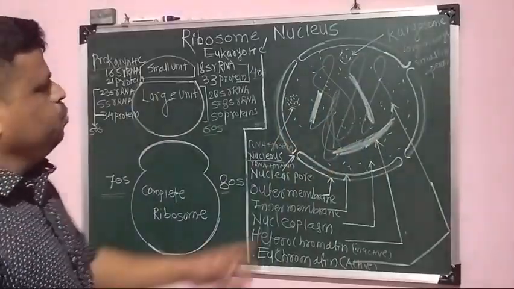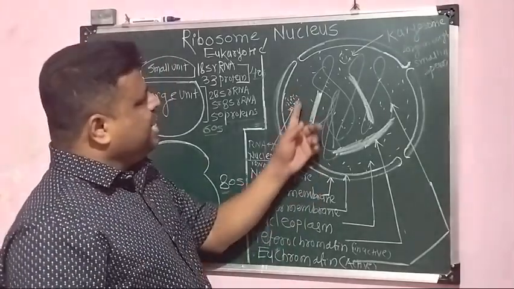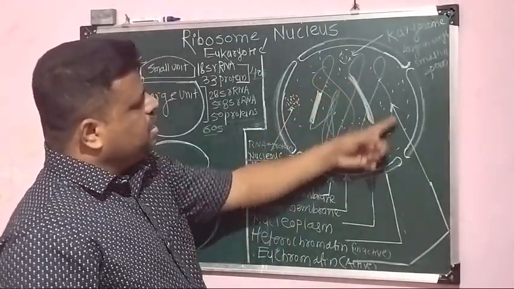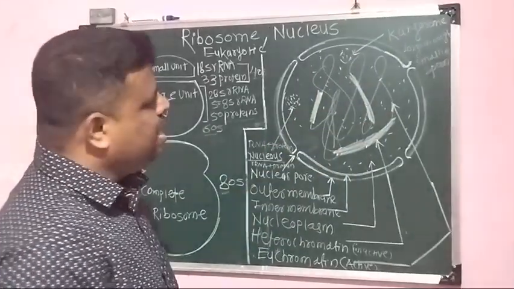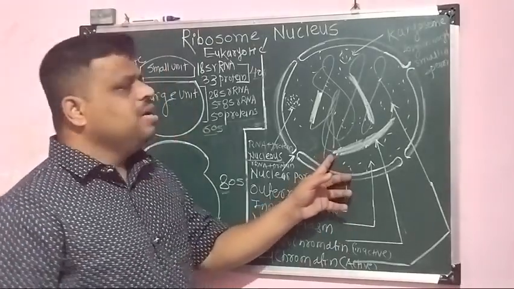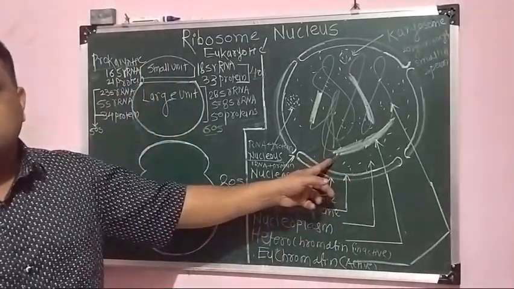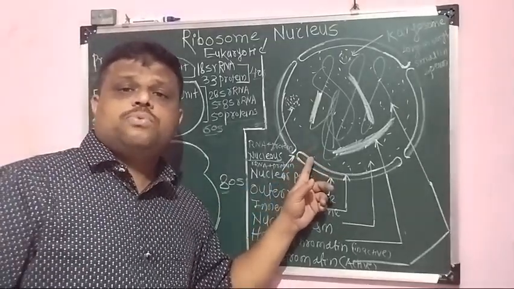This nucleoplasm or karyolymph contains a network. You can notice this one. This is a network of chromatin, or chromatin network. Now this chromatin network undergoes a process that is called the condensation process.